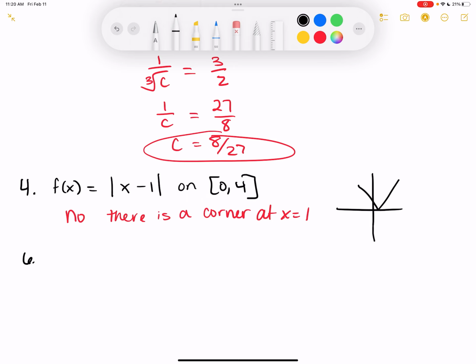But then something like 6, we have f of x is equal to ln of x minus 1 on the interval 2 to 4.